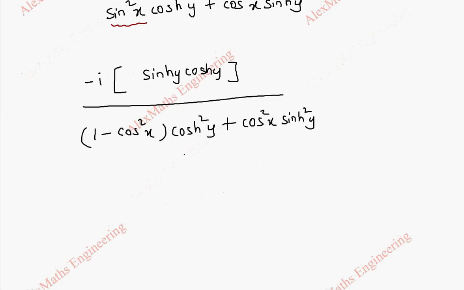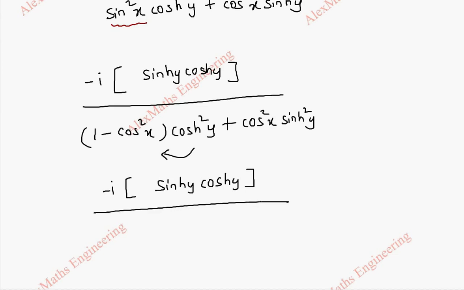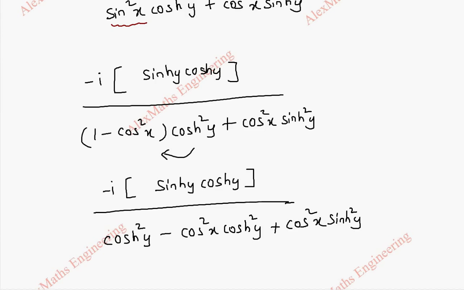Now let's multiply this with both the terms. So numerator is as it is and denominator after multiplication cosh square y minus cos square x into cosh square y plus cos square x into sinh square y.